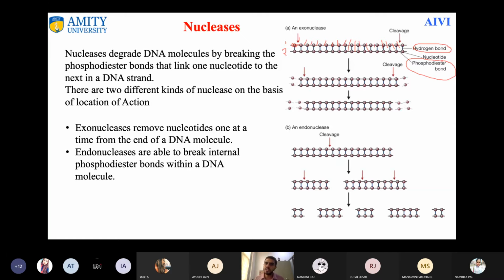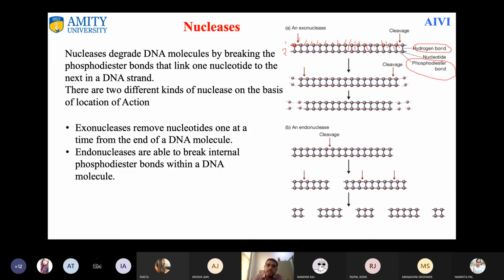But if anybody asks you what nucleases do, you have to mention that they break a phosphodiester bond. In running form, you can call it a cut. So the question is where it produces the cut, that is, which phosphodiester bond it breaks.